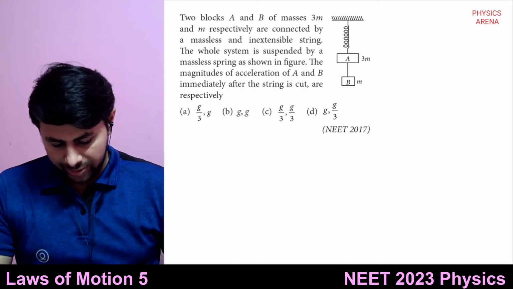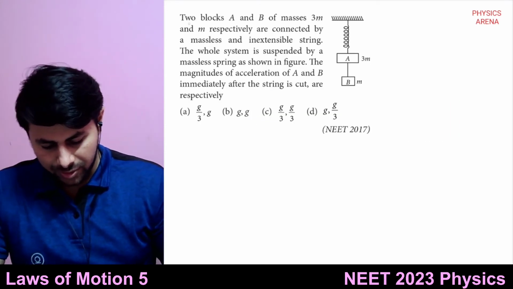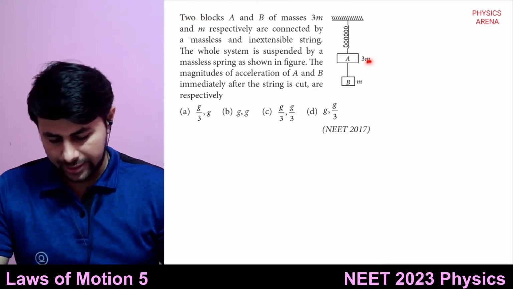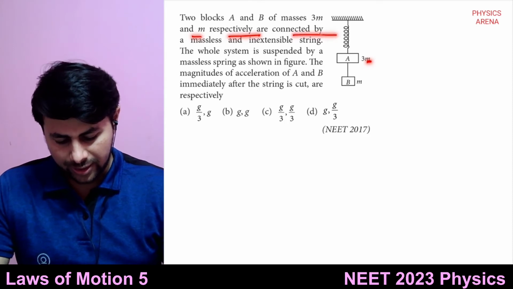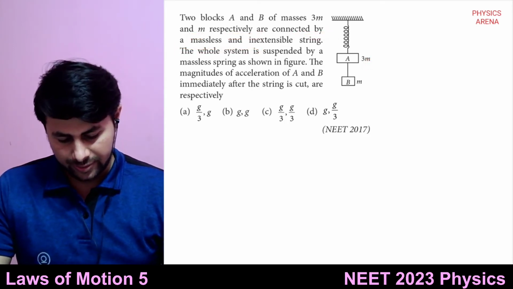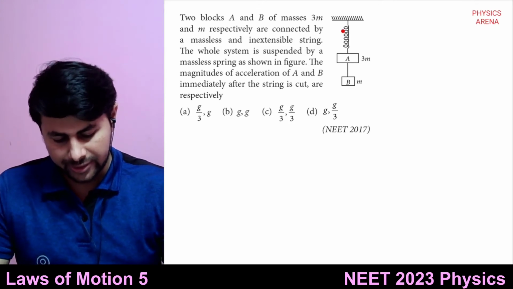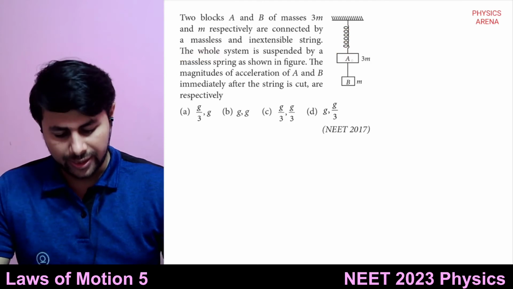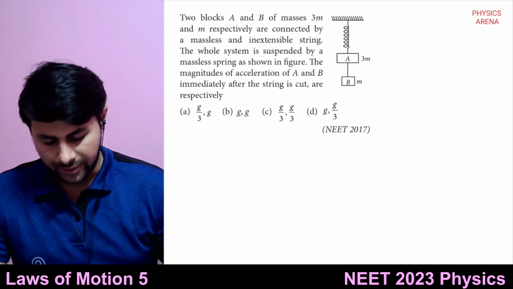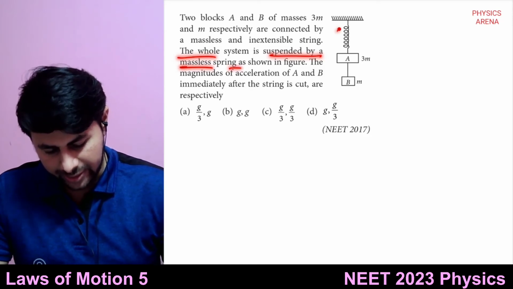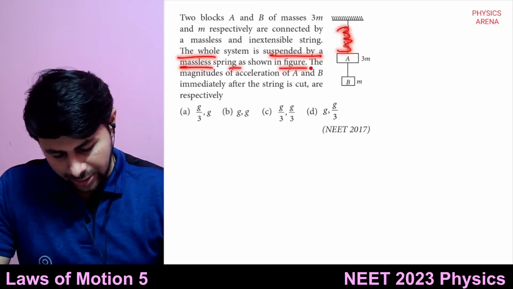Okay, so let's move on to the next problem. Two blocks A and B of mass 3m and m respectively are connected by a massless and inextensible string. Okay, so it is a spring actually. The whole system is suspended by a massless spring as shown in the figure.